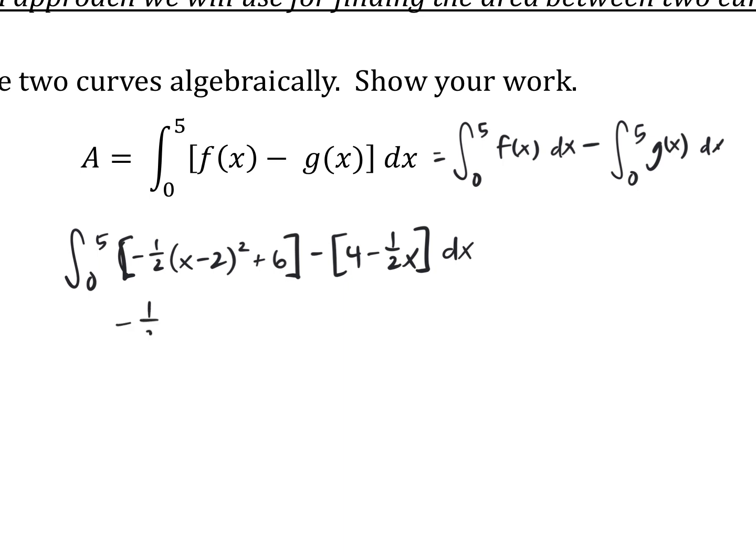So I'm gonna go ahead first and distribute this x minus 2 squared. So that's gonna give me negative 1/2 times x squared minus 4x plus 4, plus 6. And I could distribute that negative, so I get minus 4 plus 1/2 x. And this is still all in my integral.